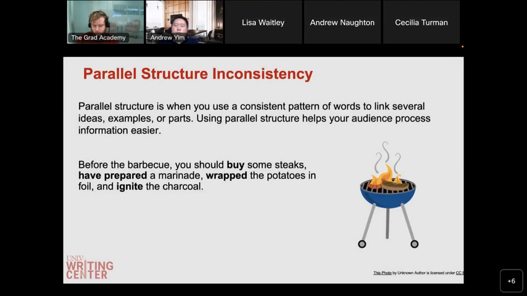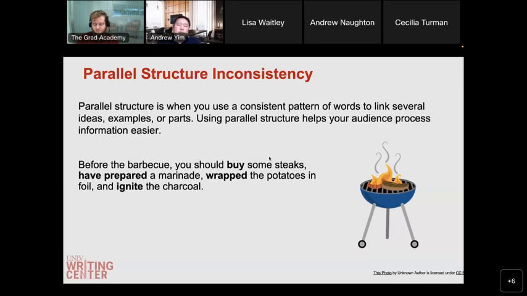Besides subject-verb agreement, another one that can be hard to interpret is parallelism. Parallelism is hard to catch because using parallel structure is important when you look at a list of items. As you can see in the example down below, we use parallel structure to connect several different words or phrases.